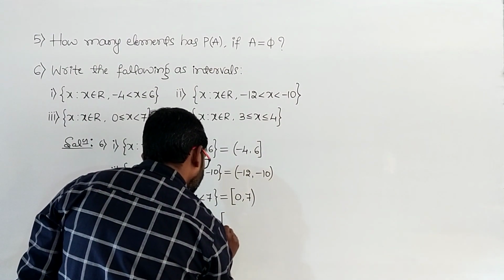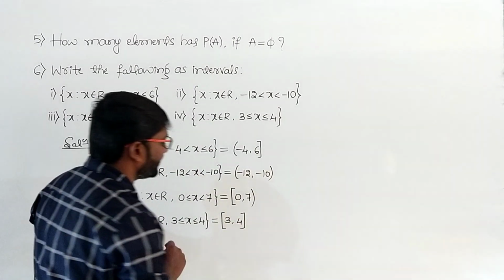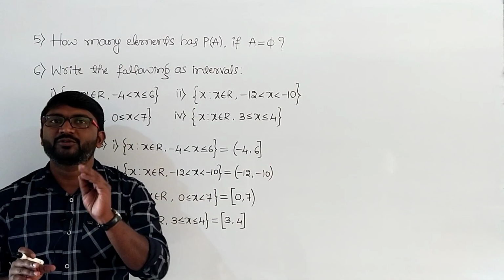So we have to take the square bracket 3 comma 4. So this is the interval form. So note down this and then we'll move on to the 7th question.